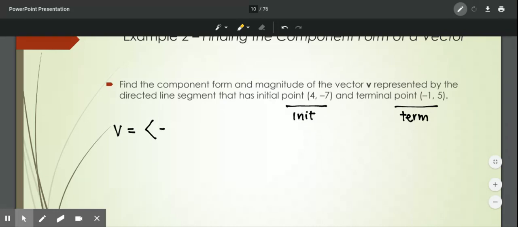So we'll do -1 minus 4 and 5 minus a -7. So we get -5, 12 for the components.